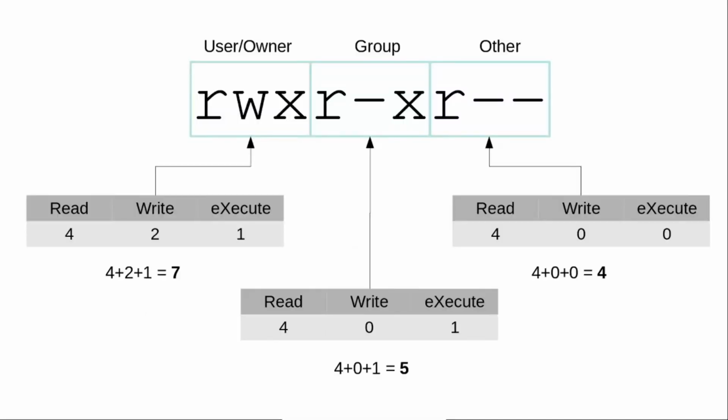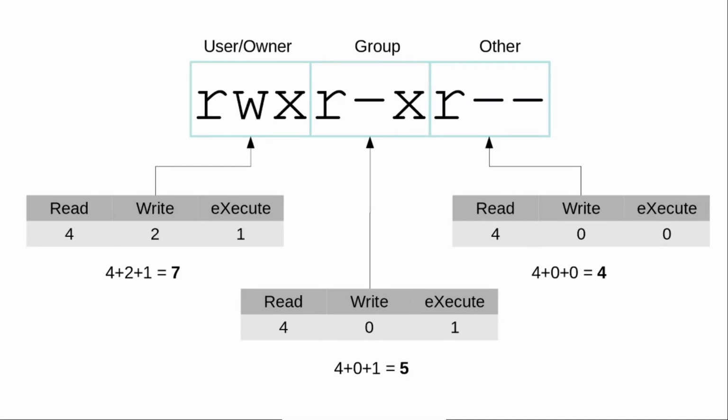In this case, the user owner has read, write, and execute privileges. So we have 4 plus 2 plus 1, and we get 7. So the user owner octal privileges is 7. The group privileges are read and execute. 4 plus 1 gives us the octal number of 5.